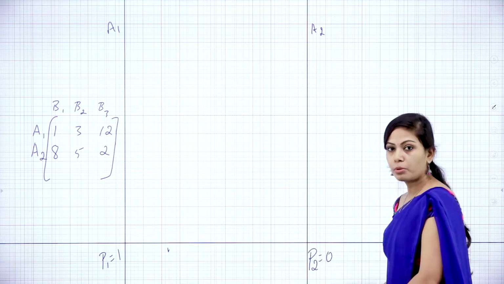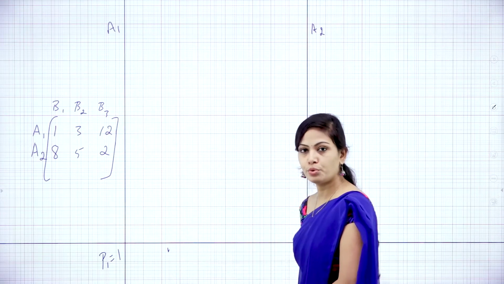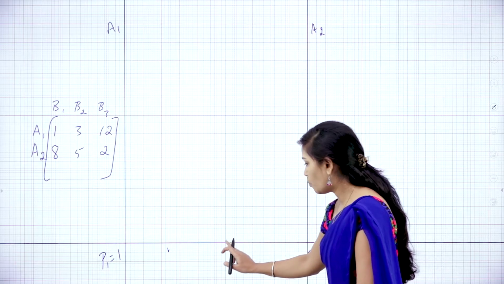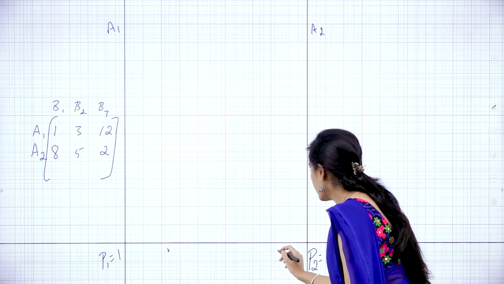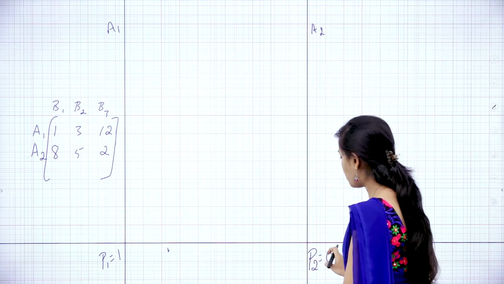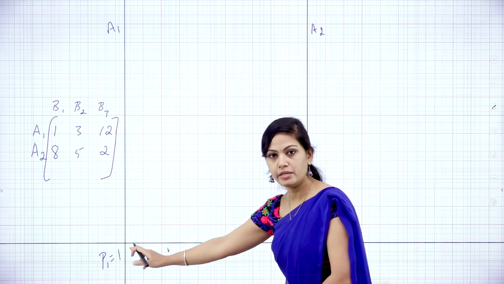I'll repeat, I will take P2 equal to 0 and P1 equal to 1. So from 0 you can mark 1 by 4, 1 by 2, 3 by 4 and 1, right? So the points on these lines start from 0, 1 by 4, 1 by 2, 3 by 4 and 1, right?